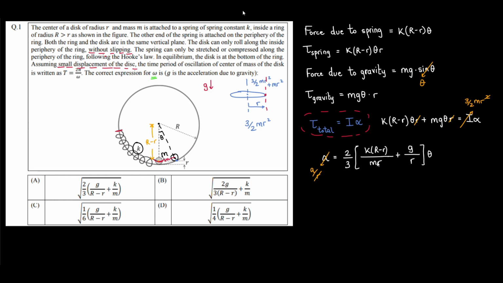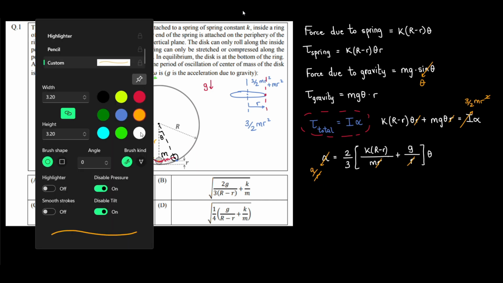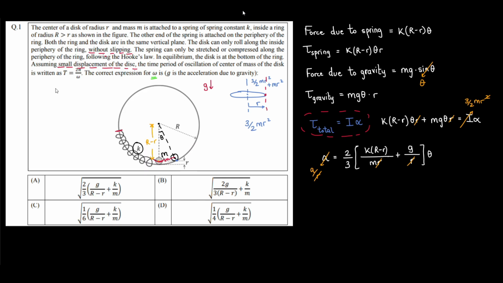We can cancel small r from the denominator of both sides, and now we can finally replace the linear acceleration using formulas of SHM. We can write linear acceleration is equal to linear amplitude into omega square. Here the linear amplitude is (R minus r) into theta, so we can write A is equal to (R minus r) into theta into omega square, since we are calculating for SHM about this point.